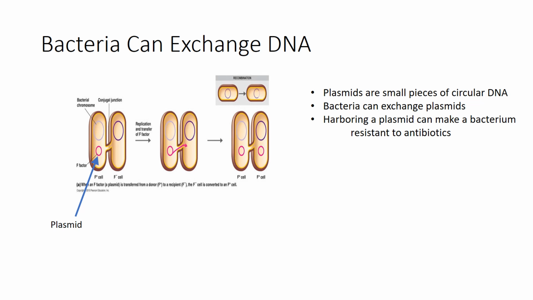Imagine that 10 million bacterial cells are exposed to an antibiotic. There is a chance that at least in some of these bacteria, say in 500 cells out of 10 million, there is this magical plasmid that confers antibiotic resistance.